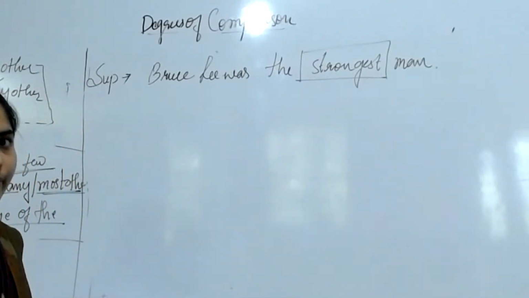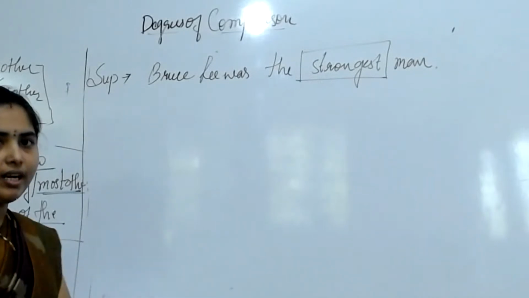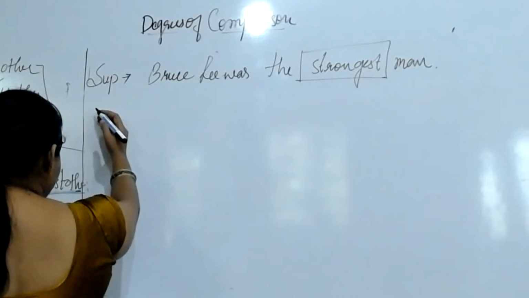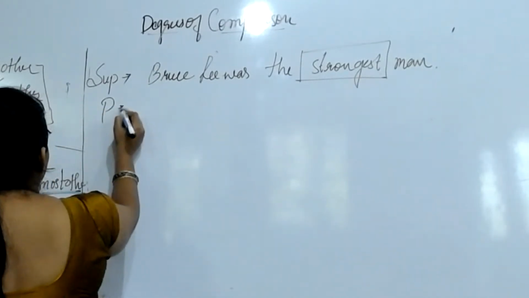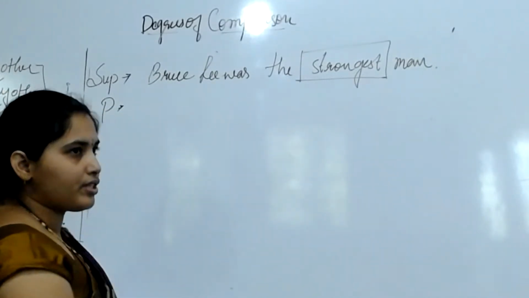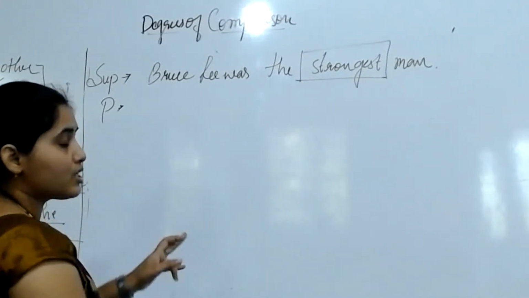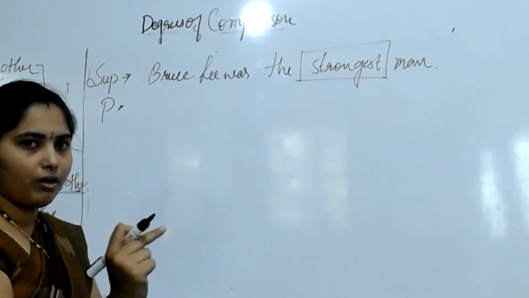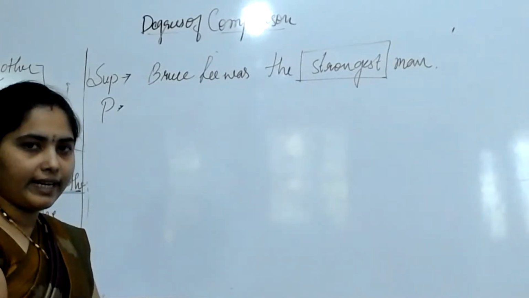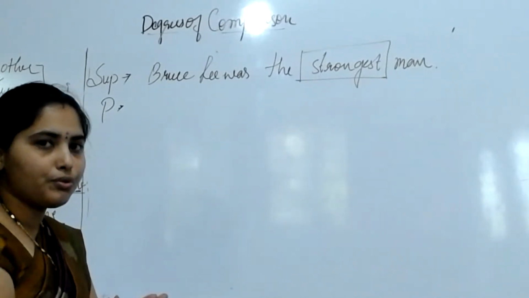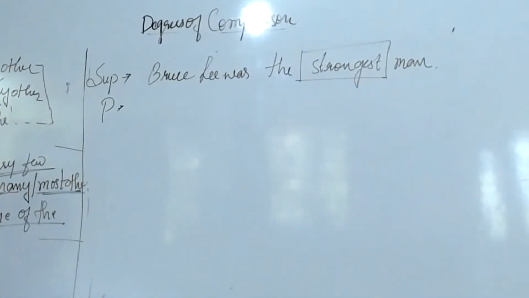What are the two degrees that remain here? Comparative degree and the positive degree. So first you have to change it into positive degree. How do you change? See here, in that sentence there is no one of the strongest. The adjective ends with est. So you have to use not very few, you have to use no other in the positive degree.